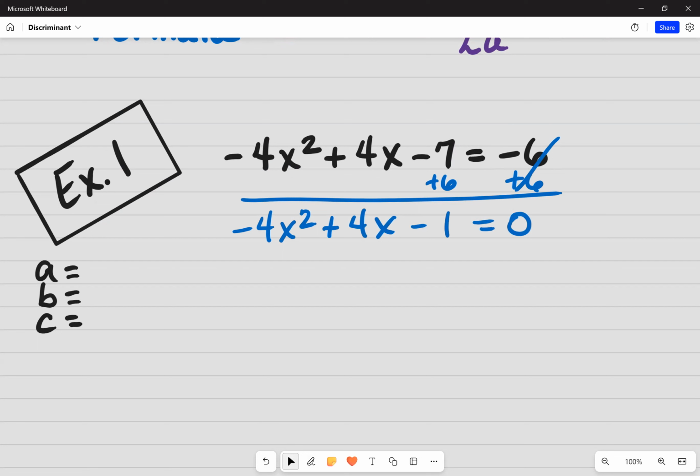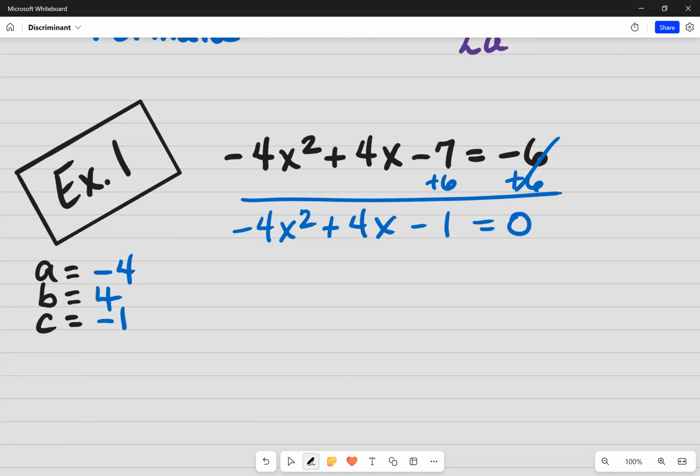Now what I want to do is identify my a, b, and c. A is what's in front of my x squared term, so it's -4. B is what's in front of my x term, including the sign, so that one is +4. And my c is going to be the constant, and that is -1.